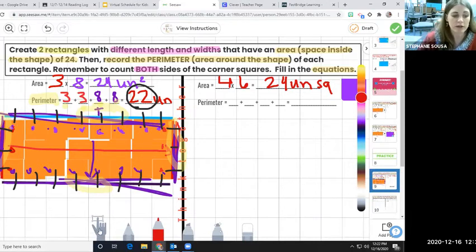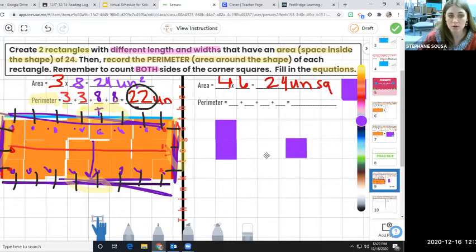So then when we created this rectangle, and if you didn't create this rectangle, you need to do it now. So go ahead and get your mouse ready to move the squares. Okay. We're going to create a rectangle with a length of 4 units. 1, 2, 3, 4.